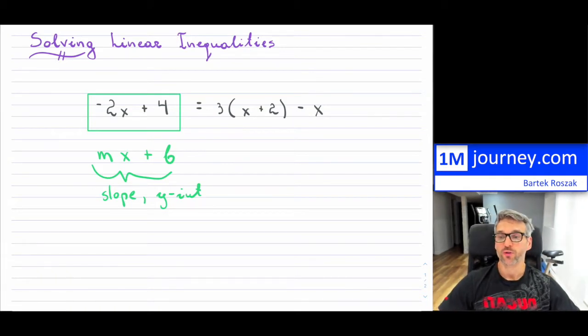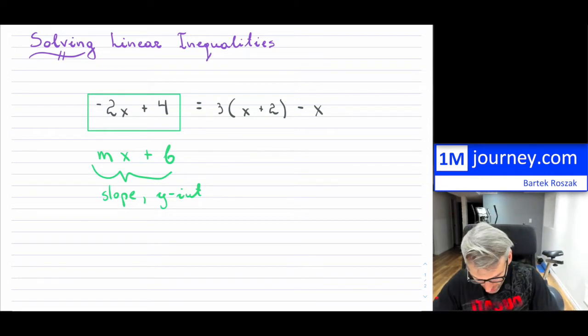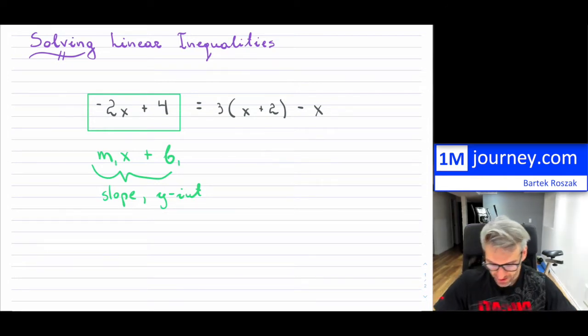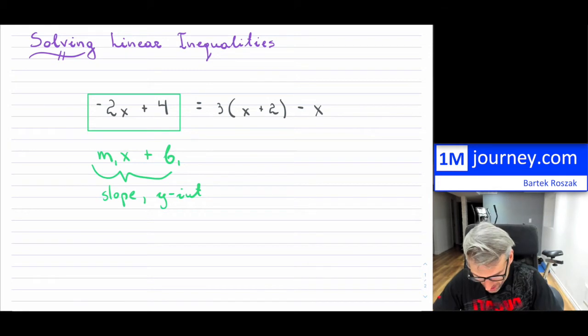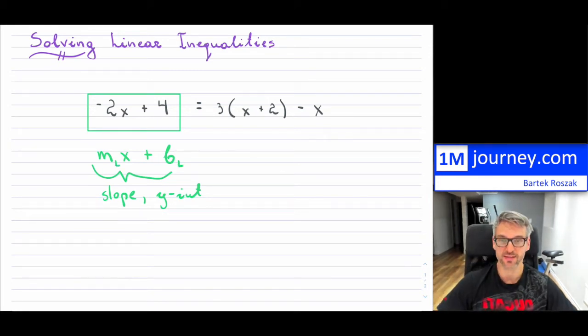Now, the right-hand side, we're going to make the same assumption. So maybe I'll call this m subscript L and b subscript L for the left-hand side.